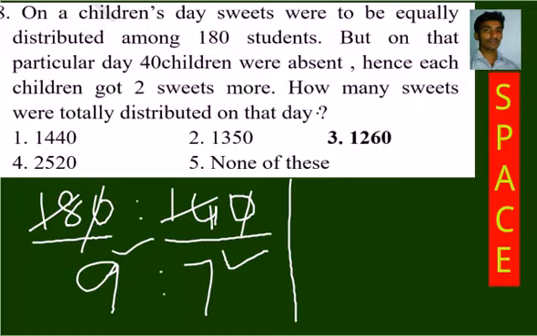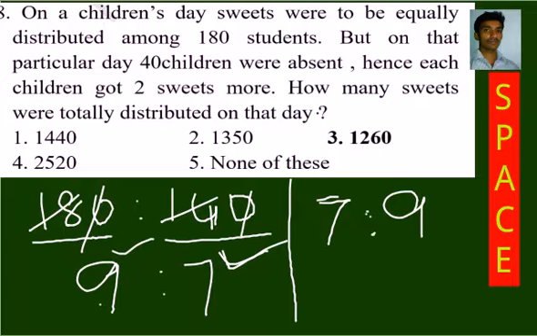So in the first case only 7 units of sweets were distributed to each, and in the second case 9 units of sweets, because in the first case 9 ratio points of people were there, and in the second case 7 ratio points of people were there.